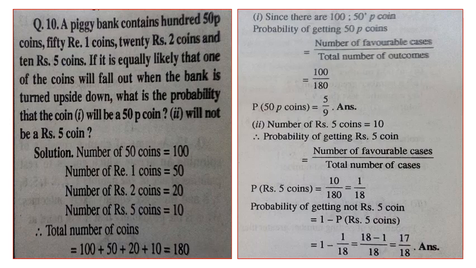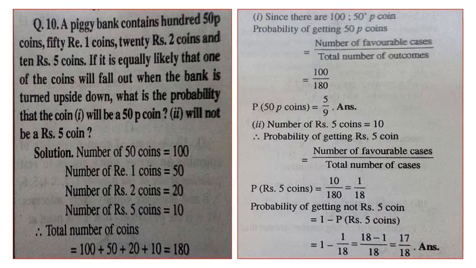If it is equally likely that one of the coins will fall out when the bank is turned upside down, what is the probability that the coin: number 1, will be a 50 paise coin. Number 2, will not be a 5 rupee coin.